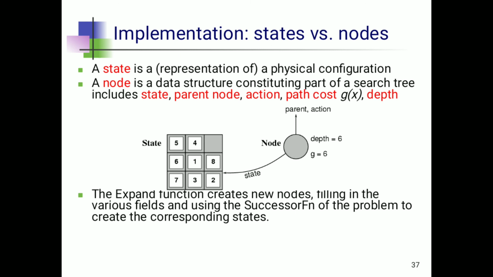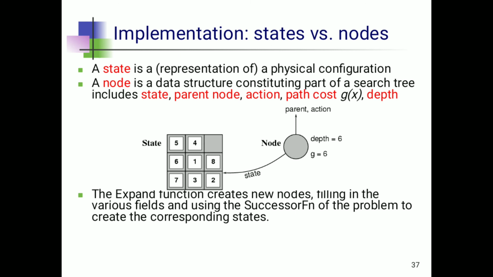The expand function creates new nodes, filling in the various fields and using the successor function of the problem to create the corresponding states. So what is the function of this expand function?